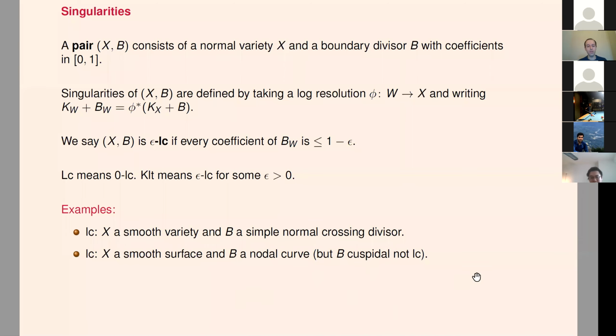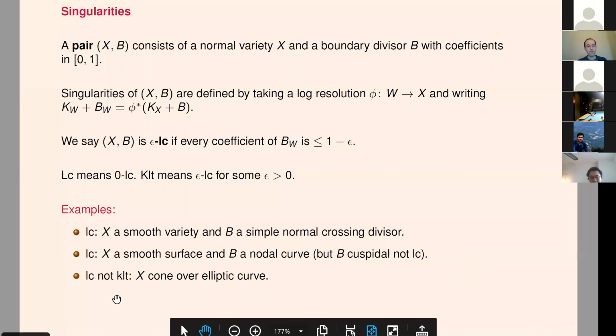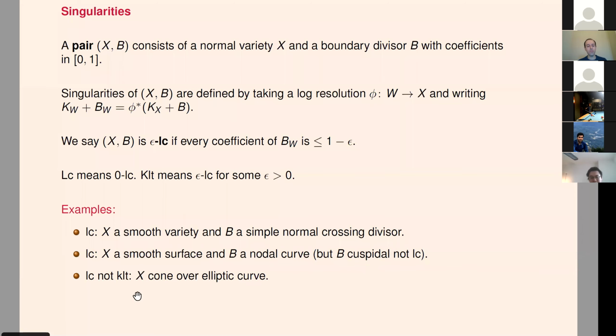It's not a good singularity. Now, if you take a cone over an elliptic curve, then you get something which is log-canonical but not KLT. But if you take a cone over a rational curve of degree n, then you get something which is KLT. It is 2 over n log-canonical. So these are all kind of classical examples of singularities.